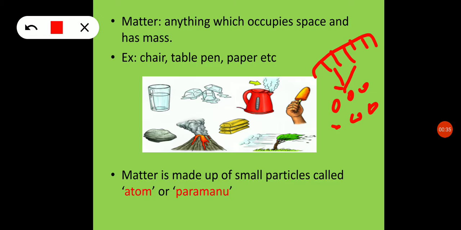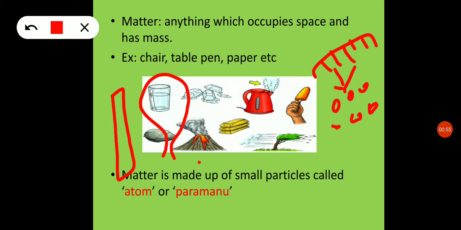One more thing you can do, take a glass rod and a silk cloth. Rub this glass rod with the silk cloth and then bring the rod near a balloon.